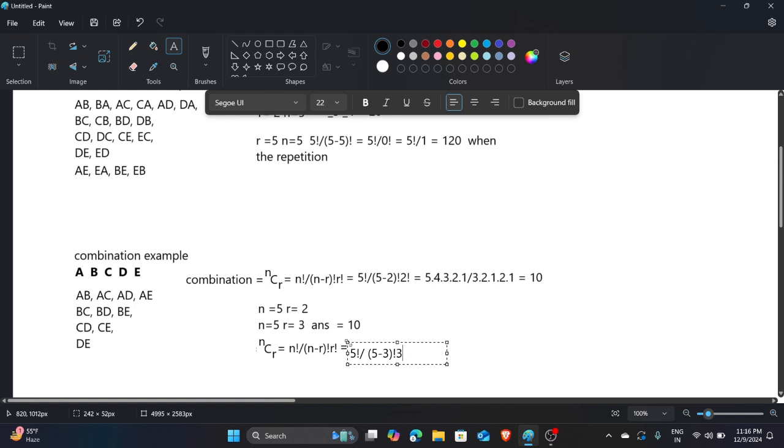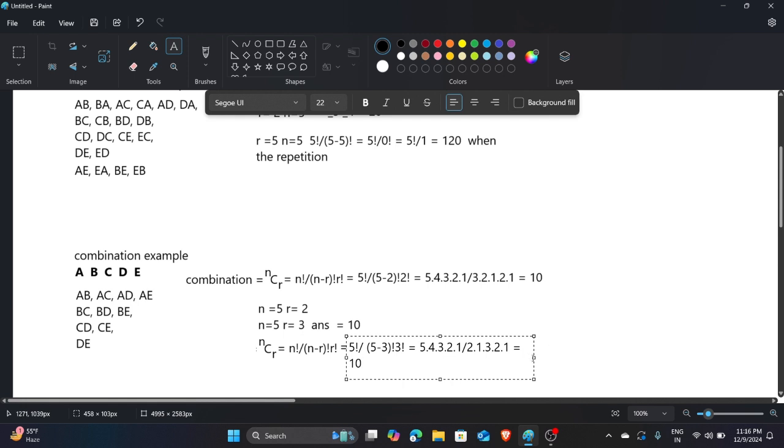When we expand this, the answer is 5.4.3.2.1 divided by 5 minus 3, which is 2 factorial, so 2.1 and 3.2.1. The answer is again 10.